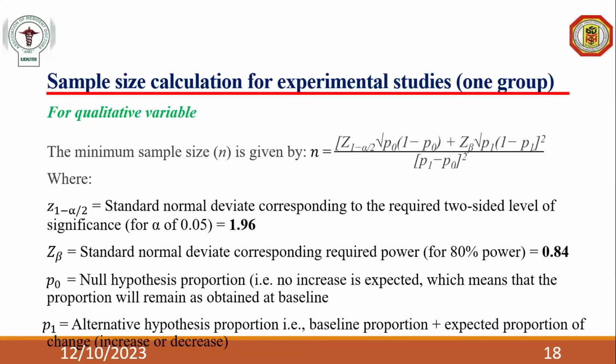So that is case control study. Now let's look at sample size calculation for experimental study. In an experimental study, you can have two groups or one group. If it is one group, for example, you want to use one group to find out the difference between their baseline data and the data after a certain period.